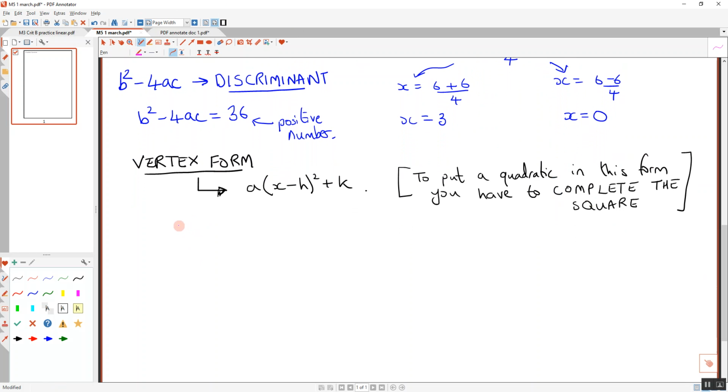So we'll go back to our original equation. If I want to put my quadratic into this form, can anybody remember the first step that we need to do?